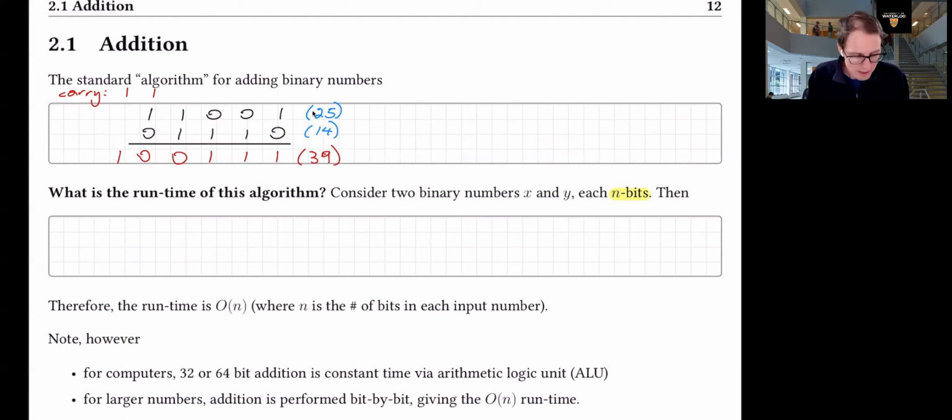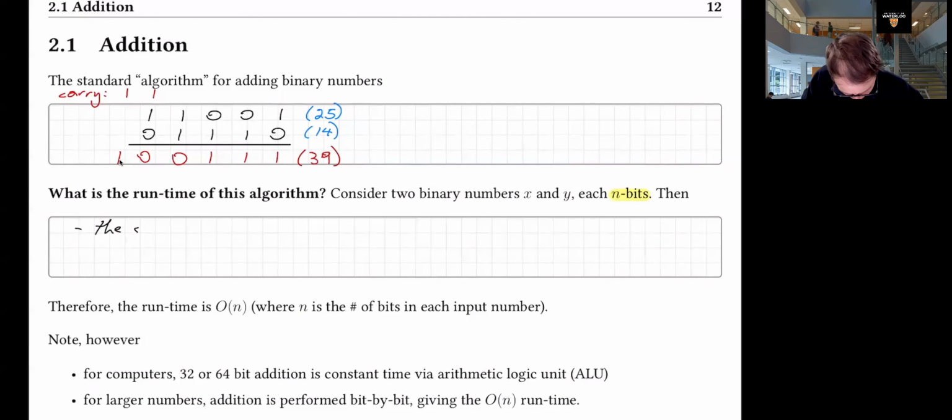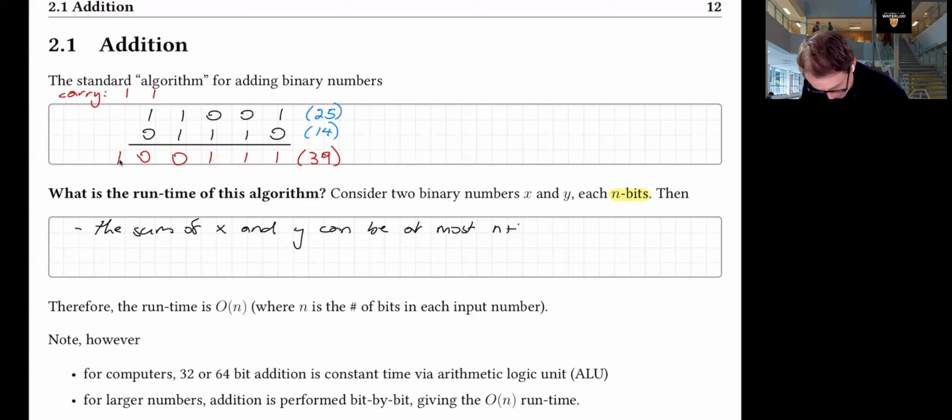So the first thing we have to think about is, if you have two n-bit numbers, how many bits can their sum be? Well, at most n plus 1 bits. So the sum of x and y can be at most n+1 bits long.